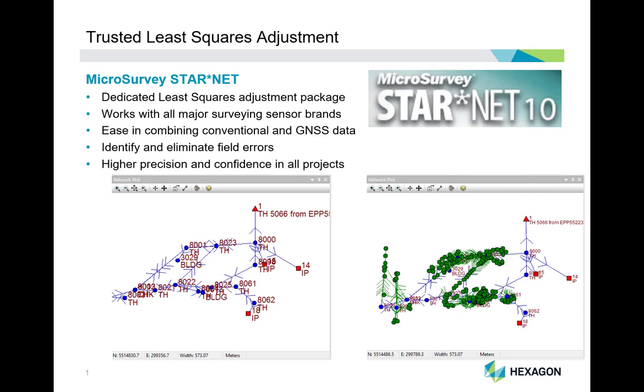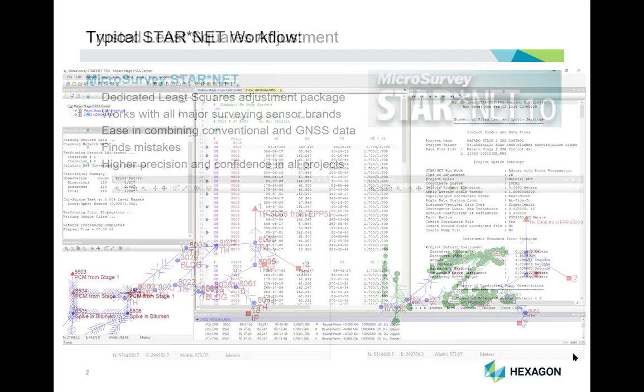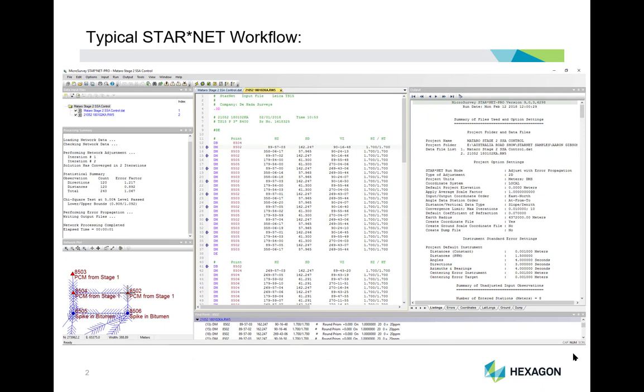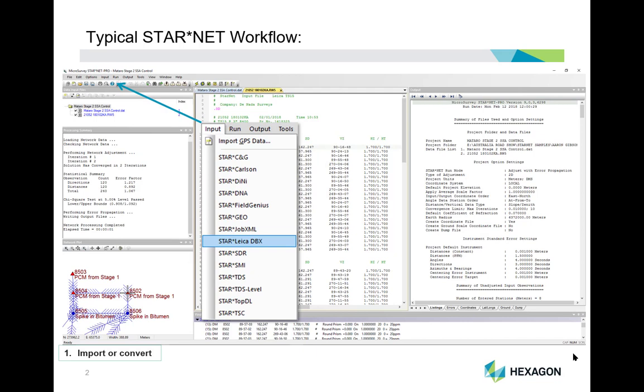On this next slide, I'm going to give you an overview of what a typical workflow is with a StarNet project. So here we're looking at the StarNet interface. The first step in general when you're working with StarNet is you're going to use the many input options for importing either GNSS data, or you may be running a converter, which is a separate program, in order to compute StarNet input data.